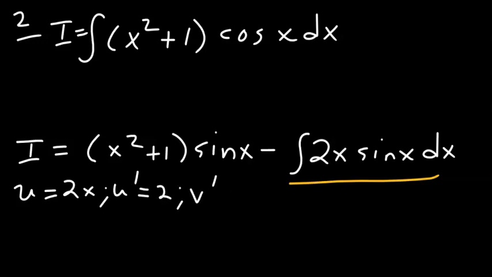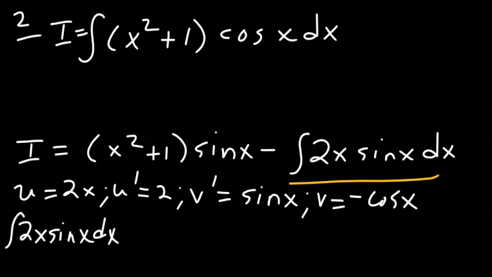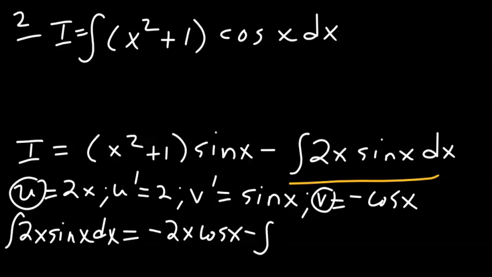My new v prime is sine x, so that means my v is minus cosine of x. So that integral will simply become the new u times the new v, which is minus 2x cosine x, minus v u prime.